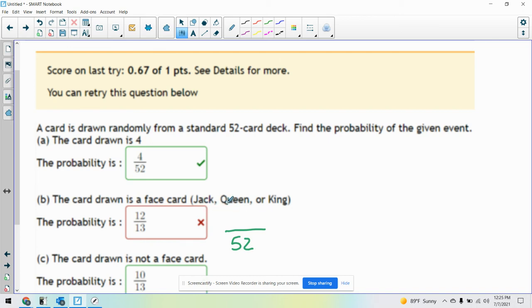So there's 3 that are diamonds, 3 that are spades, 3 that are clubs, 3 that are hearts. So that means I have 12. So the top number was right, but it's 12 cards that are face cards out of the entire deck, which is 52. This will give me 1 over, not 1 over, that's not right. It will be 3 over 13.